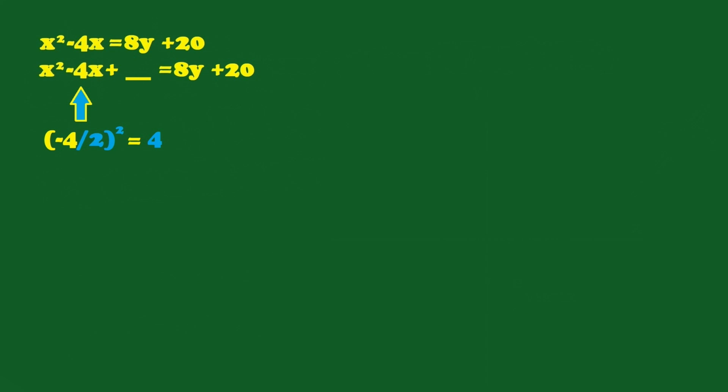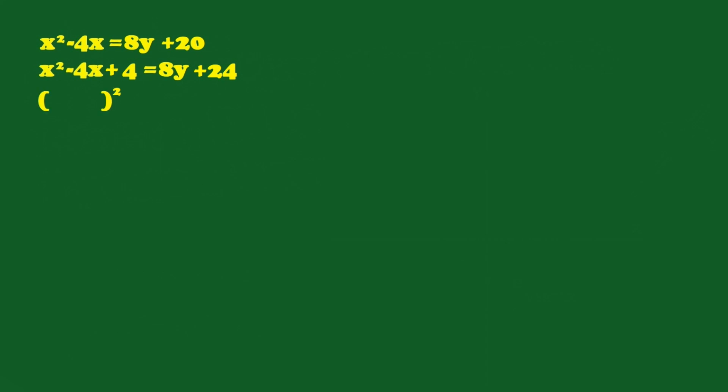As shown, we now have a value of 4. Since we added 4 to the left, we also add 4 to the right. We now have x squared minus 4x plus 4 equal to 8y plus 24.